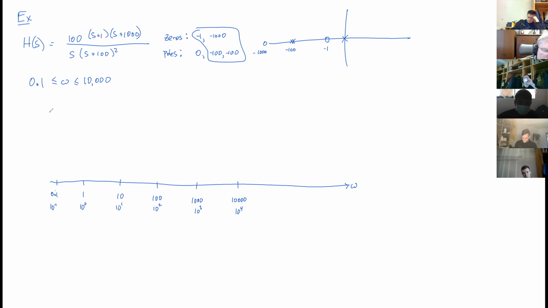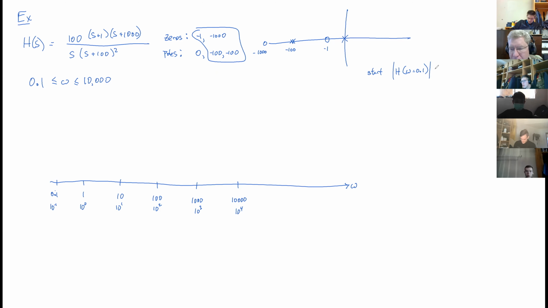We firstly need to figure out what we're beginning with. We need to find out what h is at our smallest value, which is omega equals 0.1. I'm going to be graphing its magnitude.